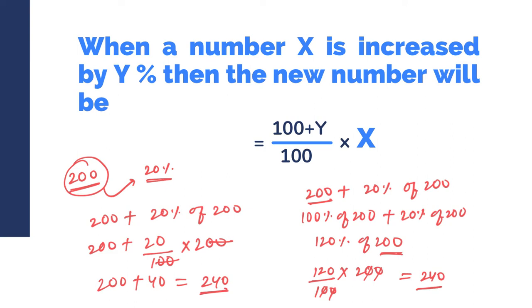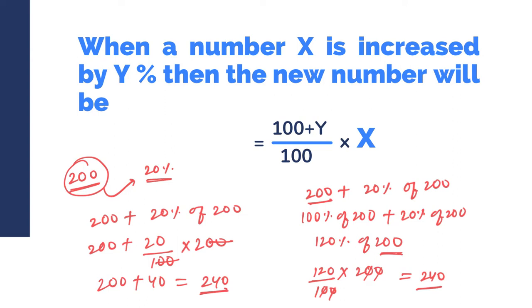Understood? This is the same as our formula. Our formula is also saying 100 plus whatever the number is, divided by 100. Here we did 100 plus 20, where 20 is our increase percentage. So 120 divided by 100 into 200 equals 240. The same problem we can do with fractions also. How?